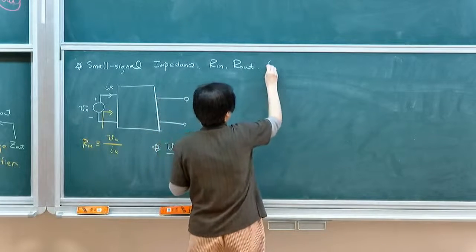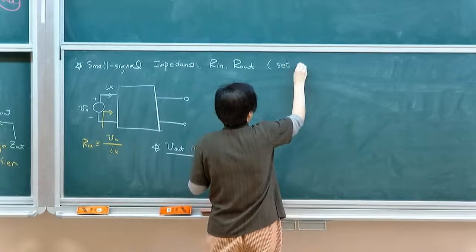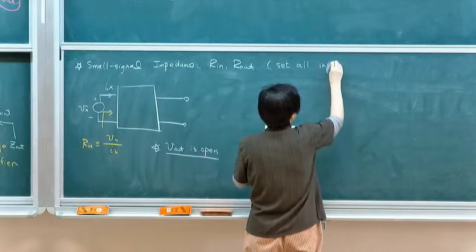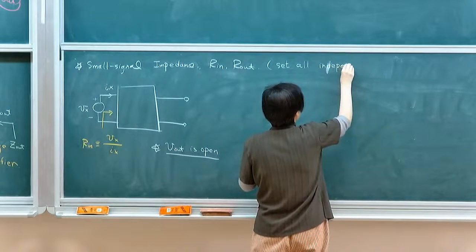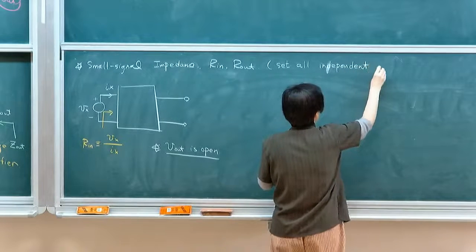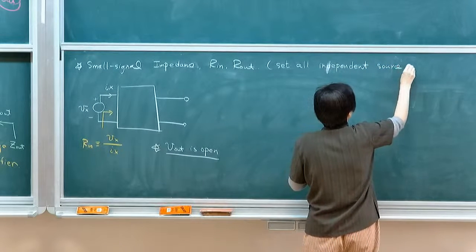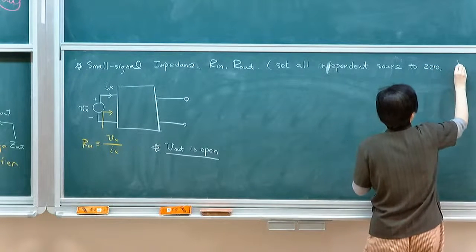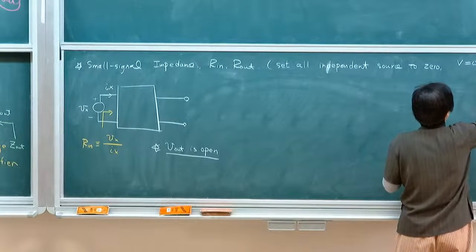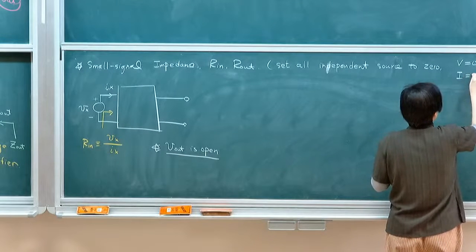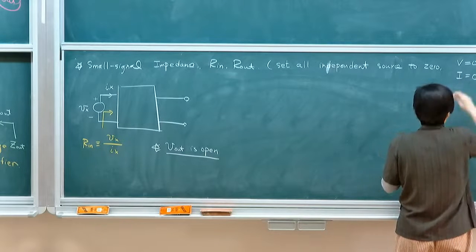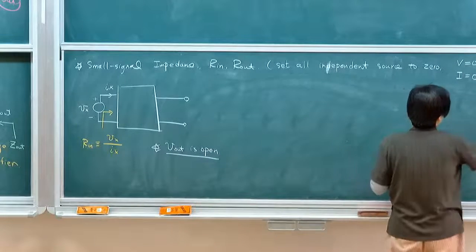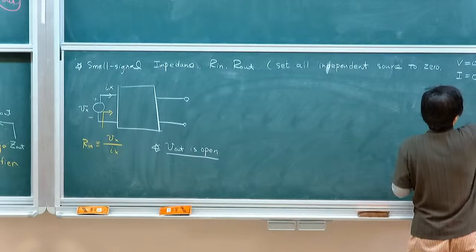So in this analysis, first, you set all independent sources to 0. That means a voltage source set to 0 is a short, and a current source set to 0 means open.